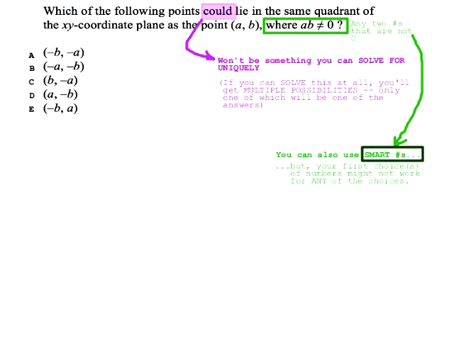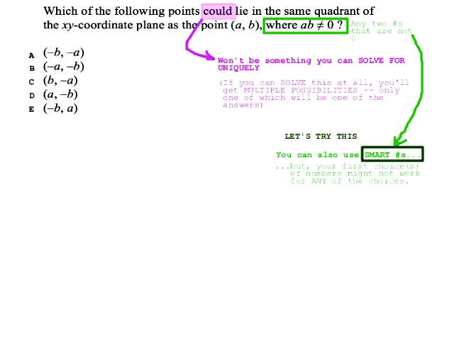Let's try this. So somebody give me the first set of coordinates that you would think to try here. You'd probably try something like 1, 1 first, or maybe 1, 2. And then Gabrielle's got some negatives. We can try that, right?